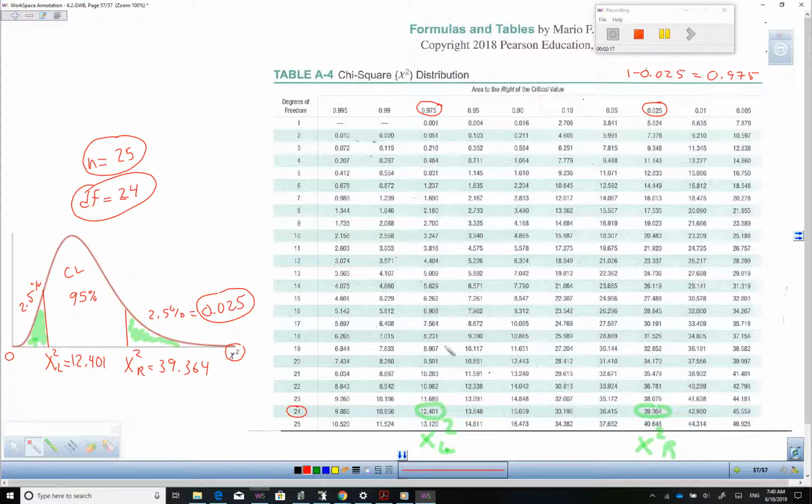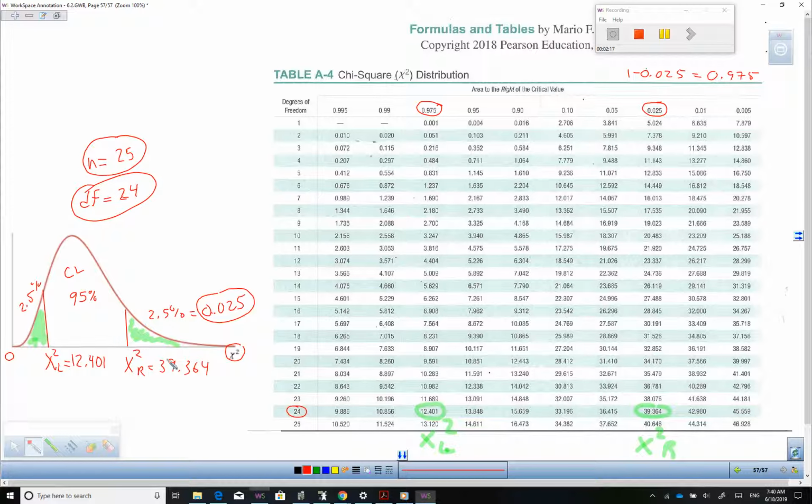And in a similar way, we need to get the complement of this number. The complement is 1 minus 0.025, which is 0.975, which is the area on the left side of this critical value.